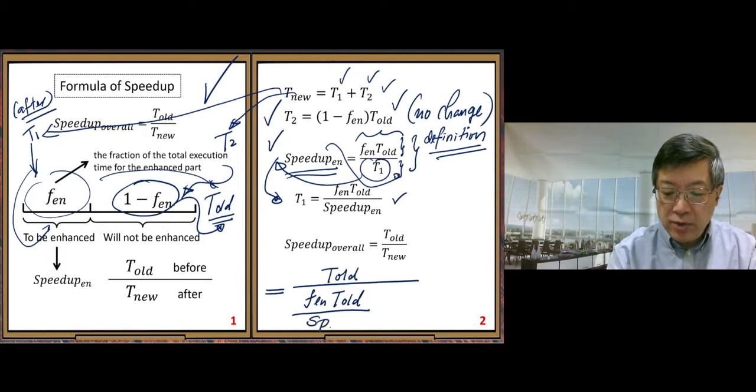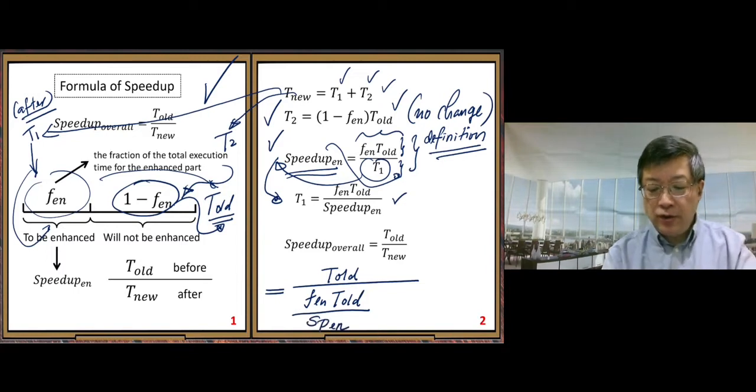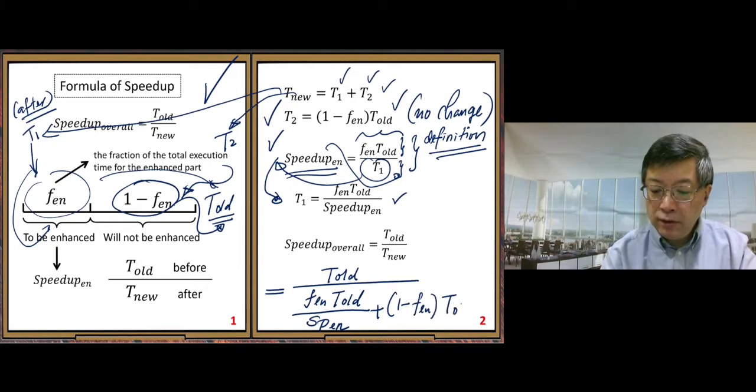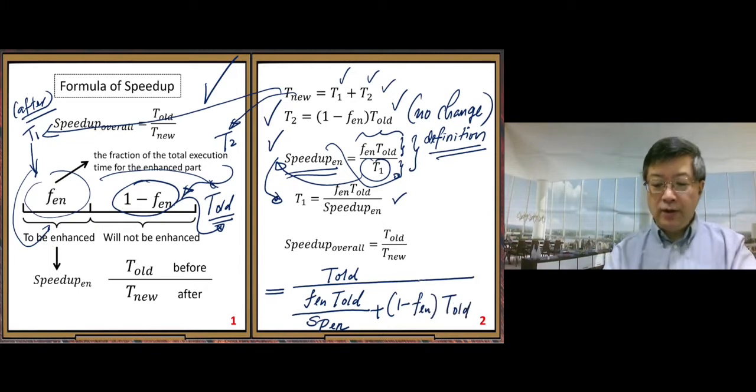Let me just write SPEN, a little shorter. Plus the T2 part, 1 minus Fen times T old. Right? You plug in.